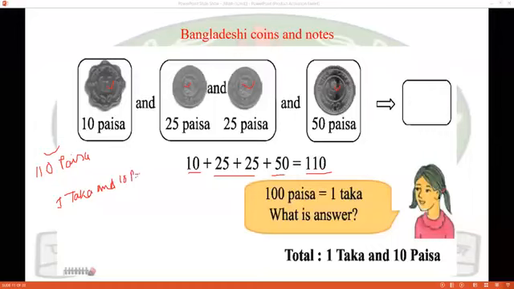In this way, when the amount of paisa is more than 100, then you have to convert it to taka, and the remaining amount of paisa you have to write in paisa.